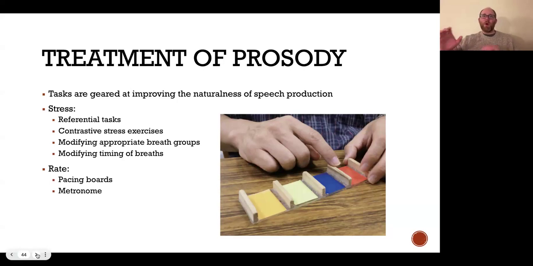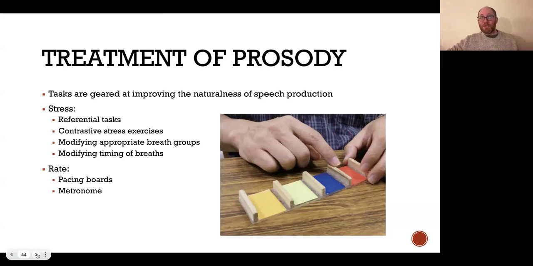So if I had the sentence, Mark went to the store, and I said, Mark went to the store, I am stressing Mark there. That might be in response to who went to the store. And then you could change it to, Mark went to the store. I'm changing the stress because that could be, where did Mark go? Same sentence, just different stress to really get your point across.